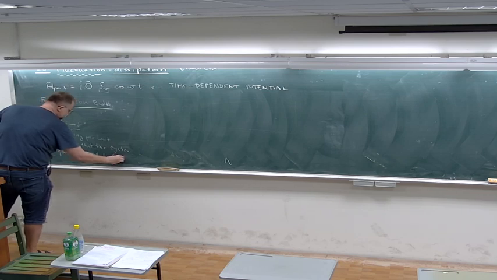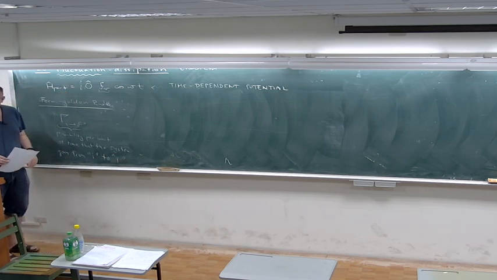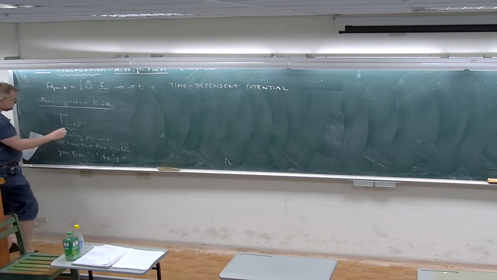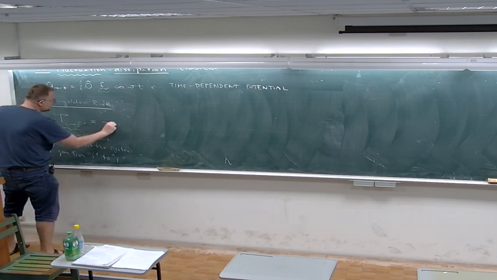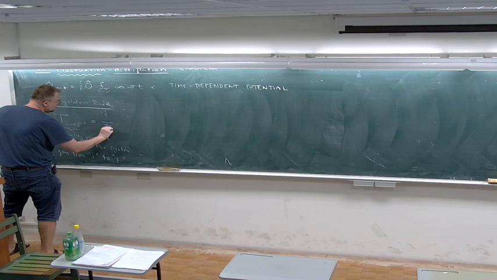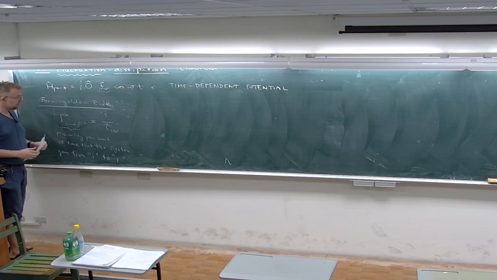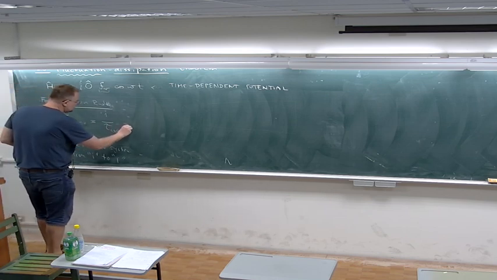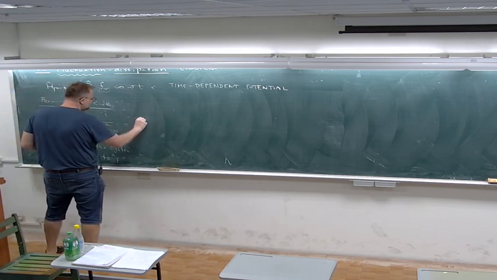Do you remember this? Fermi golden rule, did you have it, right? So this probability per unit of time, sometimes it's written also like that, that you really say that it's some number divided by time. So this is the probability per unit of time. And according to Fermi golden rule, this is 2π divided by ħ.